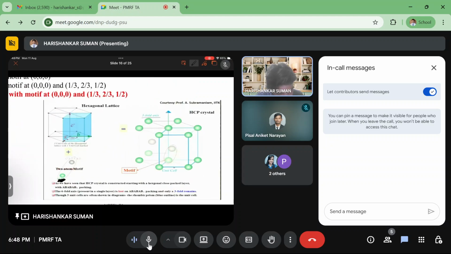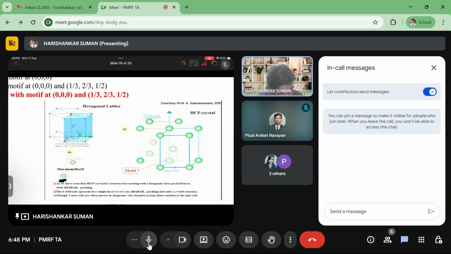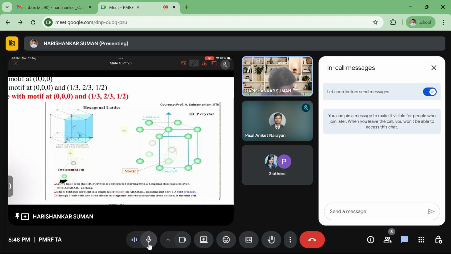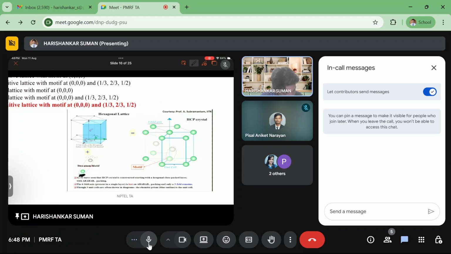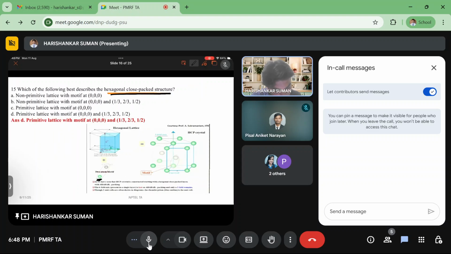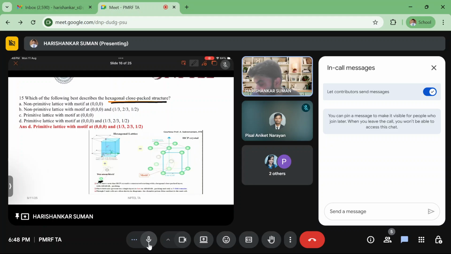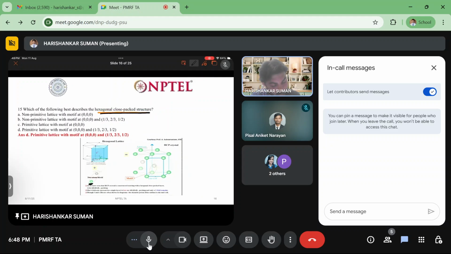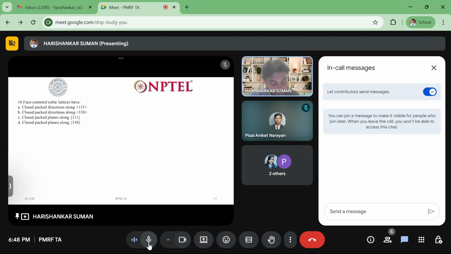Here we define the numbers 1/3, 2/3 and half. Okay. See the lecture also.